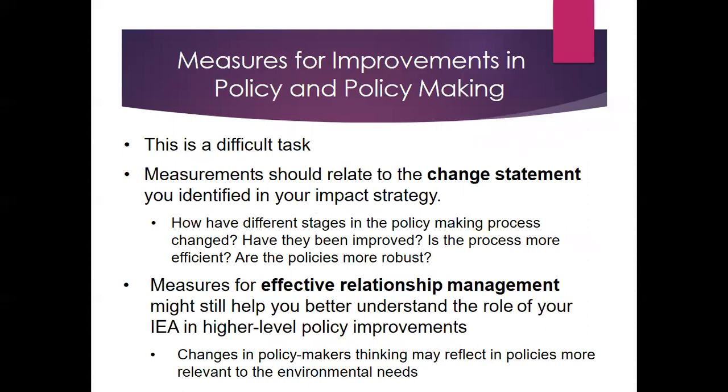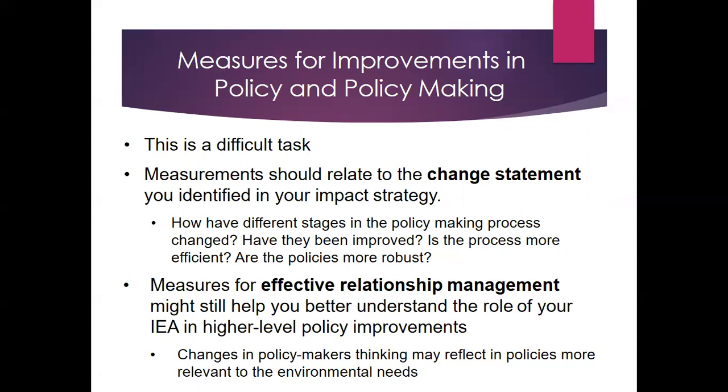So next we want to look at measures for improvement in policy and policy making. This is a difficult task. Measurements should relate to the change statement that you identified in your impact strategy. So what changes? Your change statement would be like your goal. How have different stages in the policy making process changed?